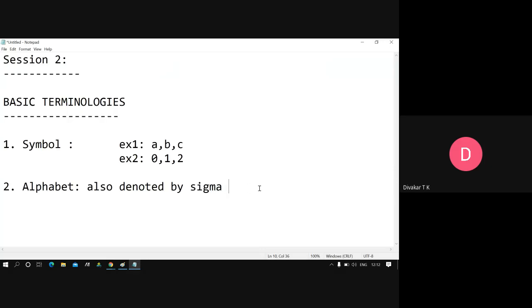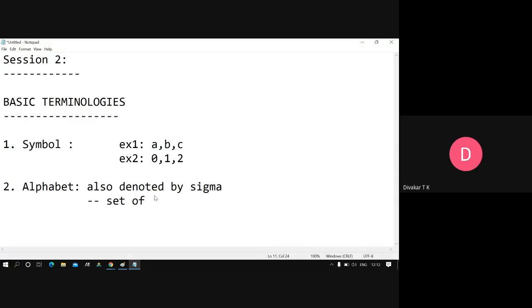Now, how to denote alphabet is clear, but we should also know what an alphabet is here in TOC. It is a set of symbols. In 10th standard, the first chapter, you have studied sets.